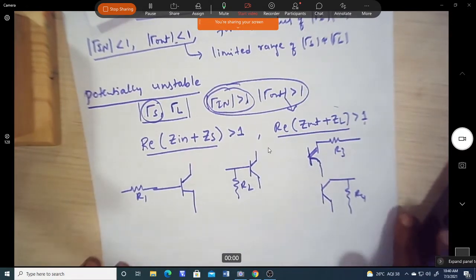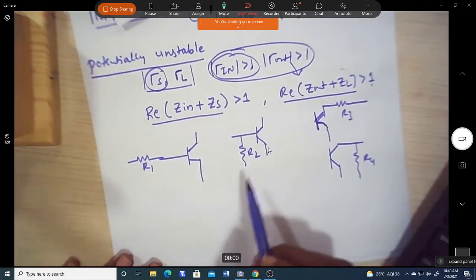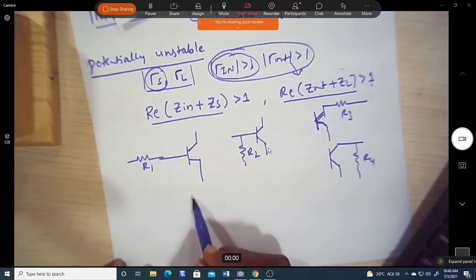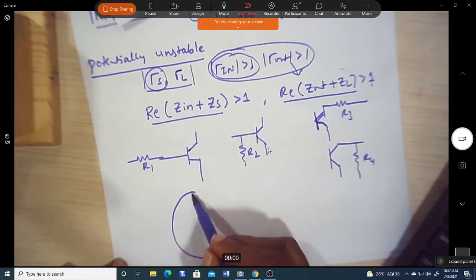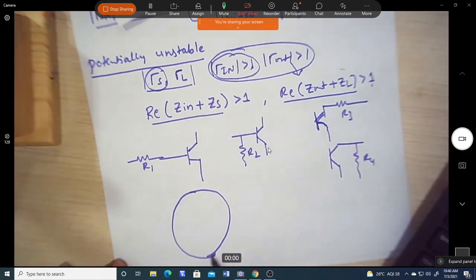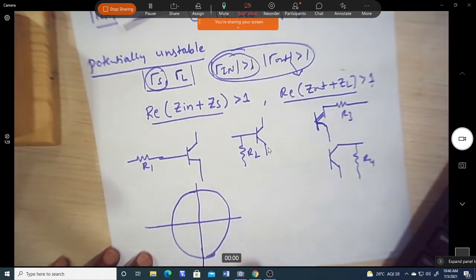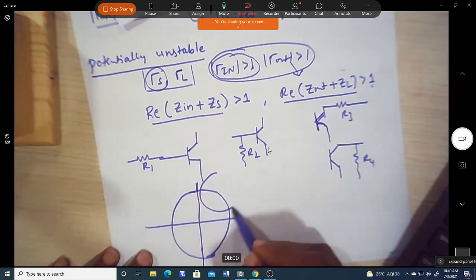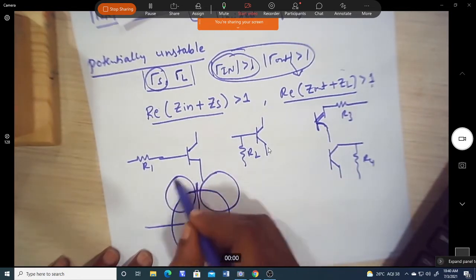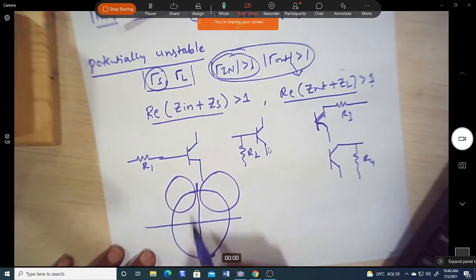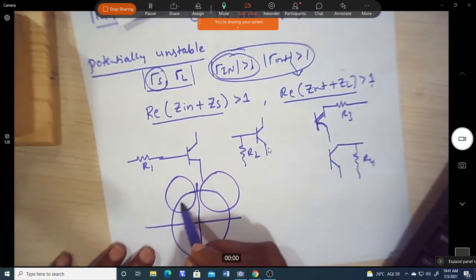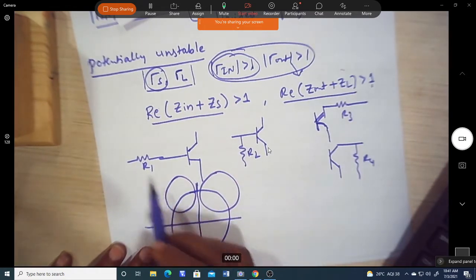Okay, so this is the technique, so let us take the Smith chart. On this Smith chart we have the output stability circle and input stability circle. For this we need to add some resistor.